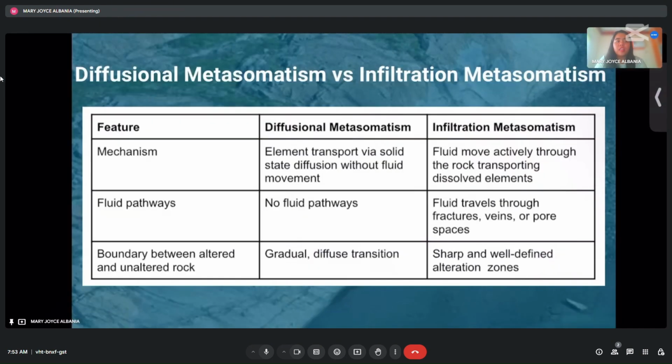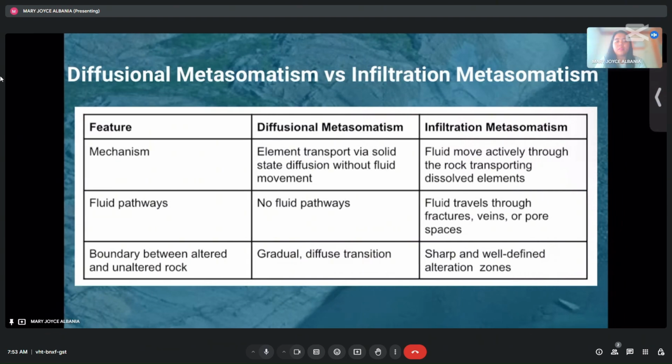So for the summary of the differences between the two, this is a table that presents it. For the mechanism, for the diffusional, the elements are transferred via solid-state diffusion without fluid movement. And for the infiltration, fluid moves actively through the rock, transporting dissolved elements.